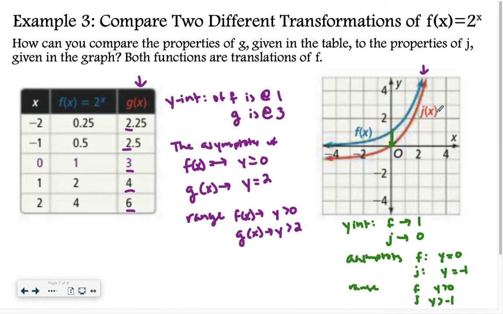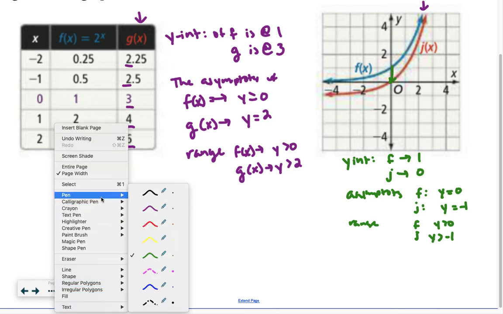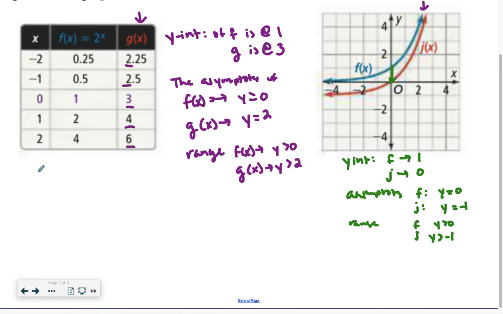Then if we look and we compare our g and j, the y-intercept for g is at 3, the y-intercept for j is at 0. So I could say, all right, so g is a couple of units up. It is actually specifically 3 units up. So g is translated 3 units up.